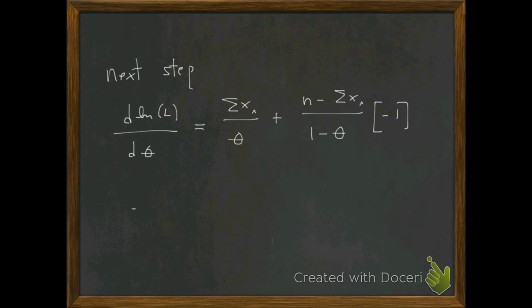So, gang, this is going to be equal to the sum xi over theta minus n minus sum xi over 1 minus theta. Now the next thing we have to do is set this equal to 0.